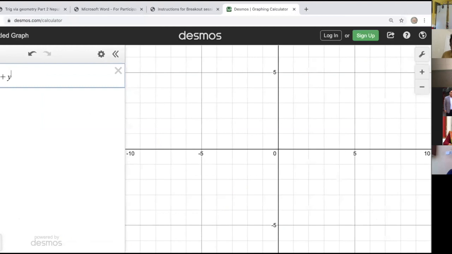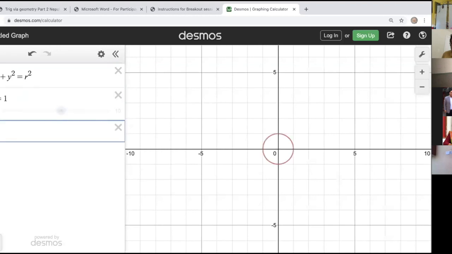So you have to use the caret. And then once you're up in the superscript, you have to use a right arrow to get back to the main line. And if we wanted a unit circle, we would make this 1. You could make this, I guess, r squared or something. If I said r raised to the second power, then I'd get a slider, and I have the unit circle, but I could make the circle bigger or smaller.